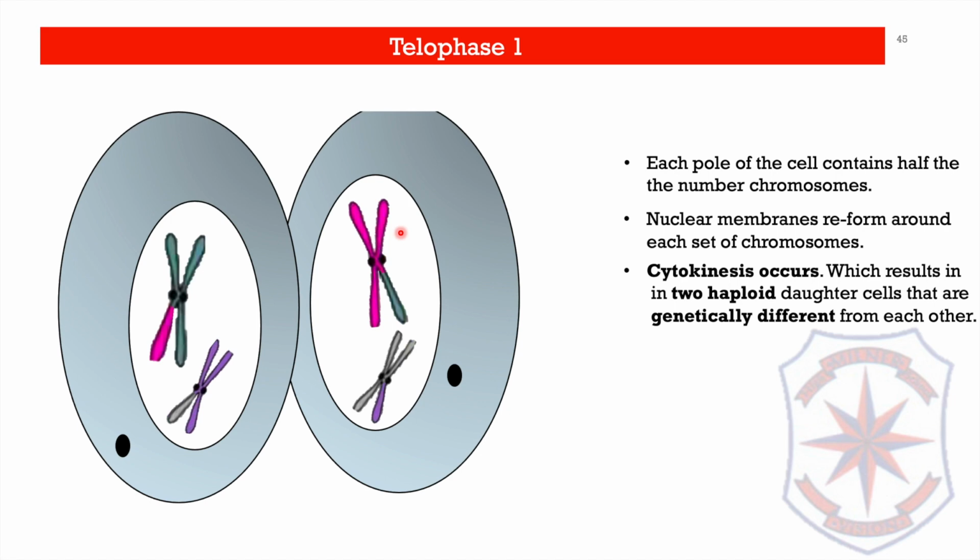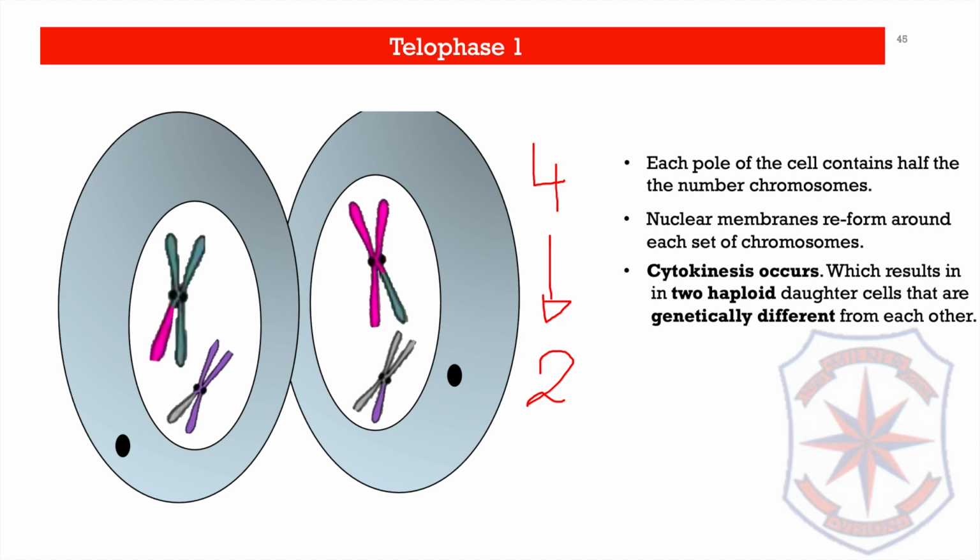Remember, at the beginning of meiosis 1, we started with 4 chromosomes in the cell. Right? Now, after meiosis 1, each daughter cell contains how many? 2 chromosomes.